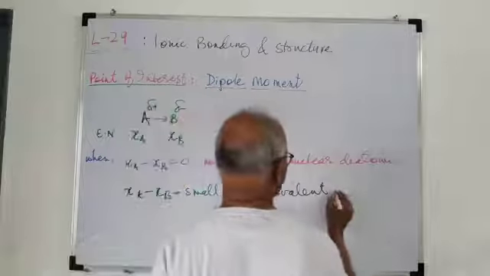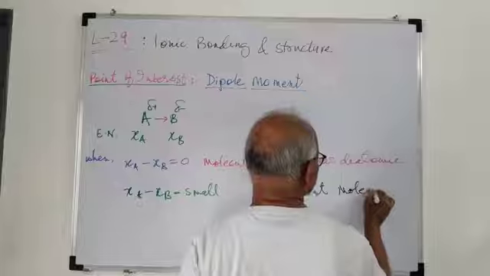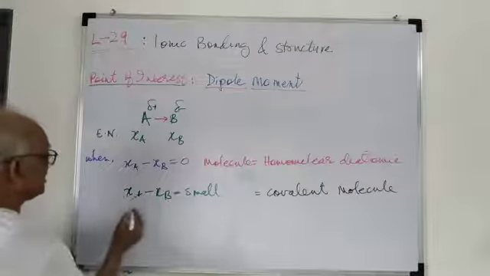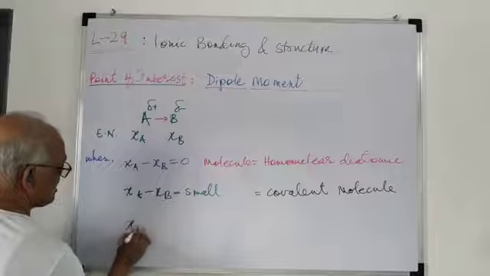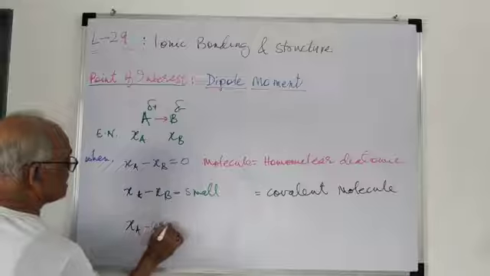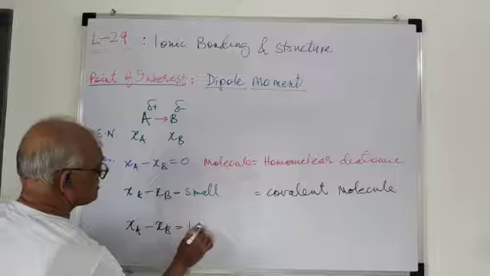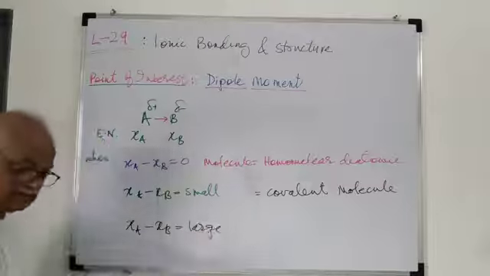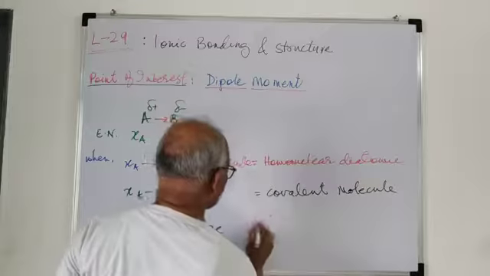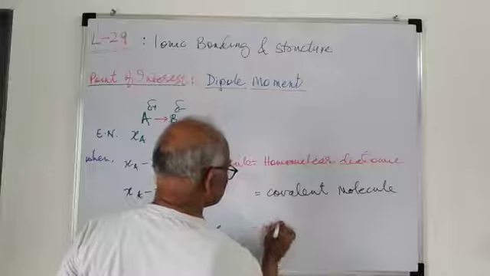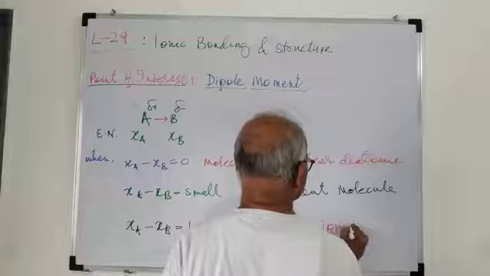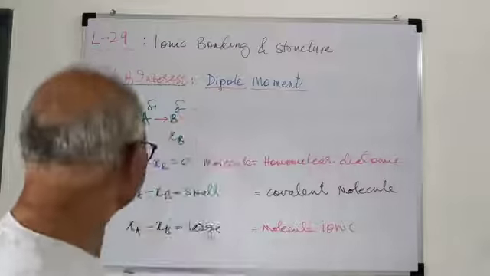When XA minus XB is large, the molecule is ionic in nature.